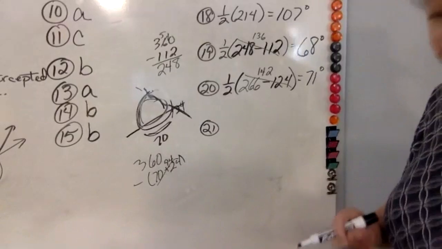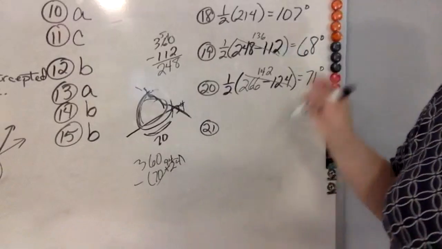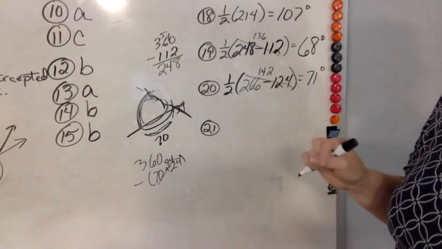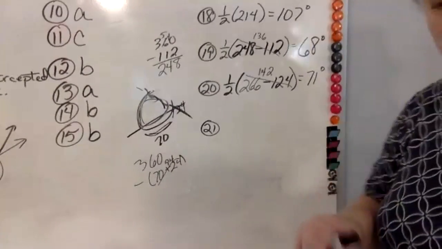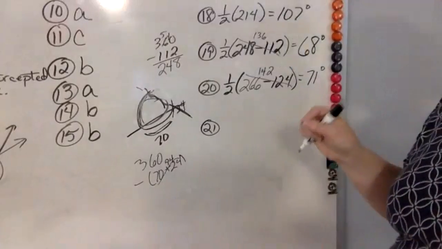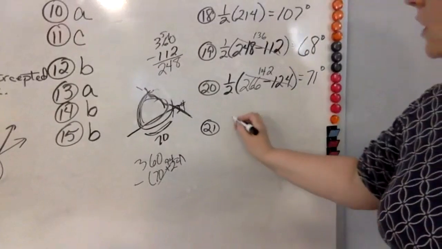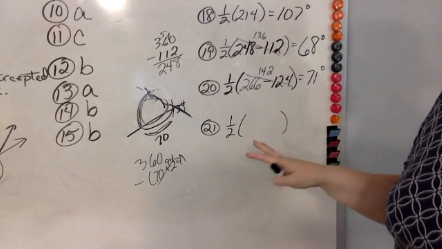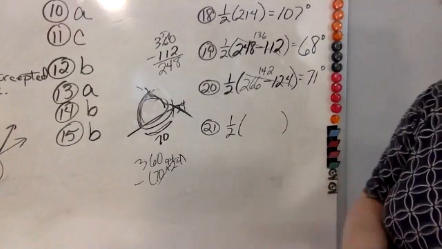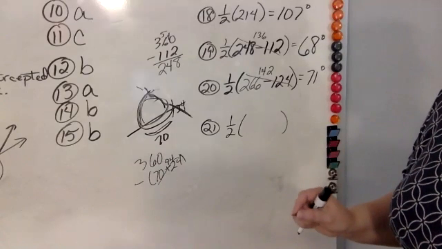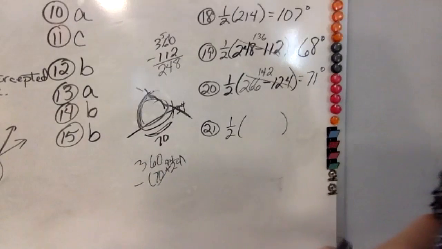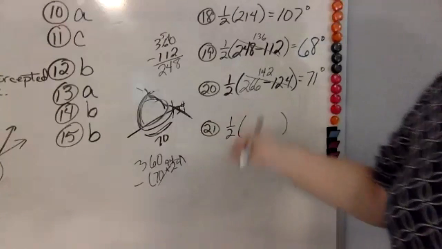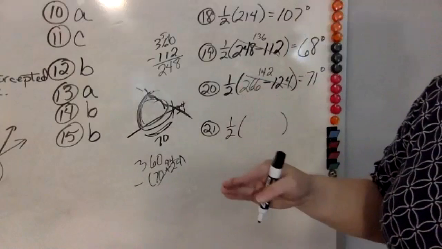Now we're looking for C. Is C in the circle, on the circle, or outside the circle? On the circle. The vertex of C is on the circle. So when it's on the circle, you just take half of the arc that it cuts off of the circle. So do I know the arc that it cuts off the circle though? Did they label that on the picture? No, they did not. So we have to do what we did up here. We know the entire circle is 360 degrees.